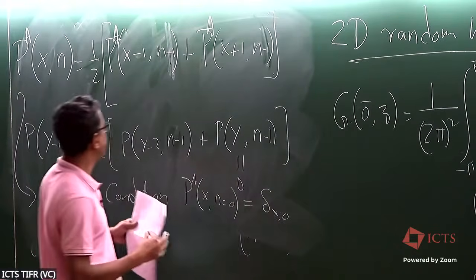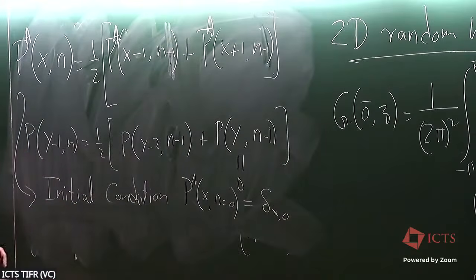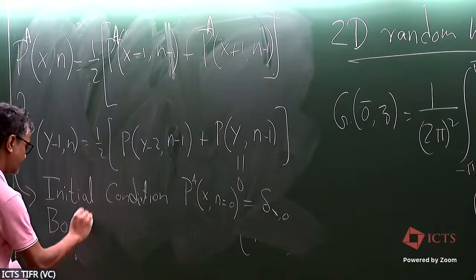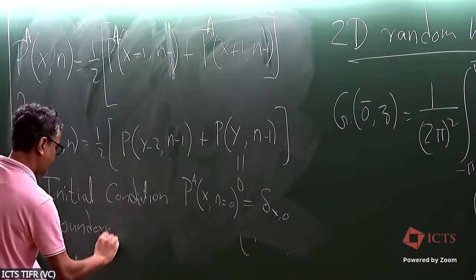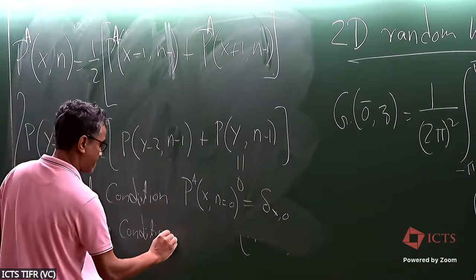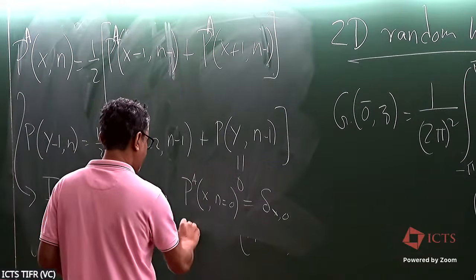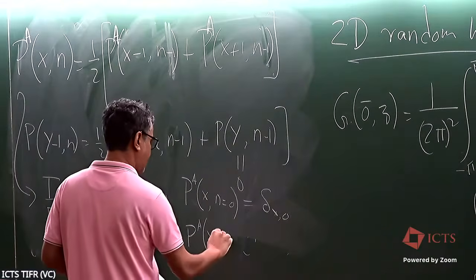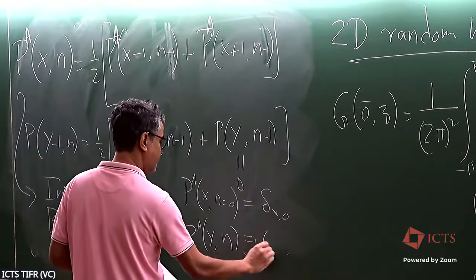Let's say initially we always start from the origin, but we now have a special boundary condition, which is that PA at the site y for all times is equal to 0.